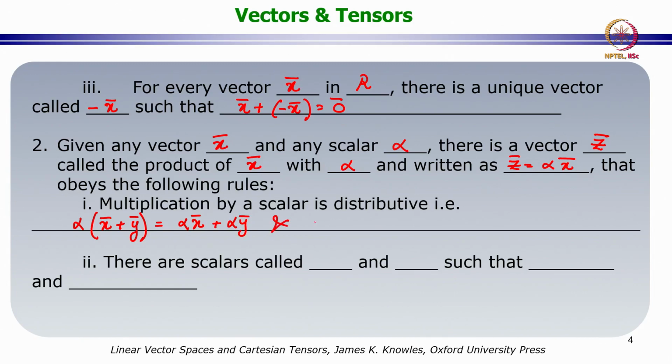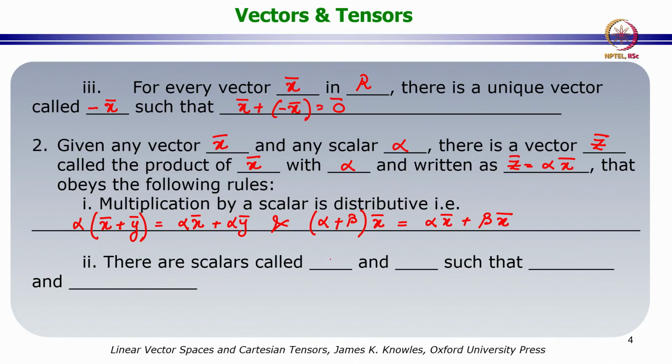And one more, which is if there are two scalars, let us say alpha and beta, and I want to multiply the sum with the vector x bar, then this is the same as alpha x bar plus beta x bar. Okay, so that is one rule. Now a couple of more things: we will define two important scalars for ourselves.